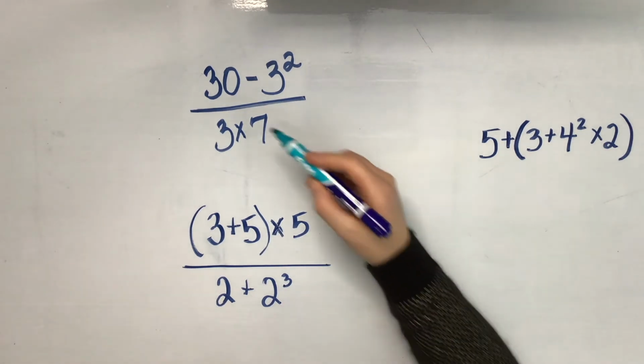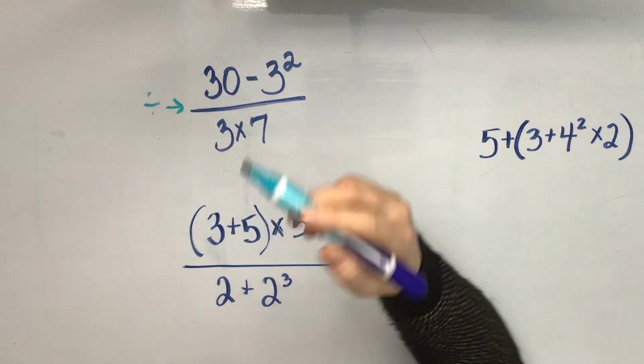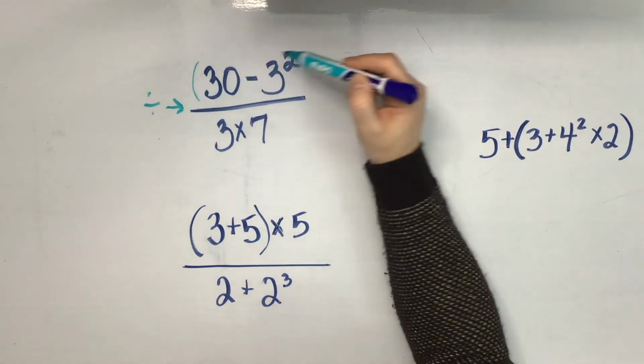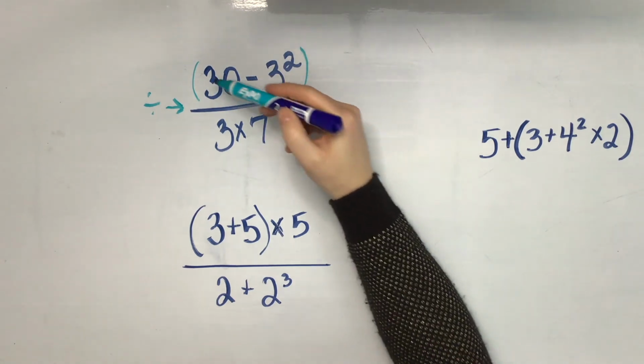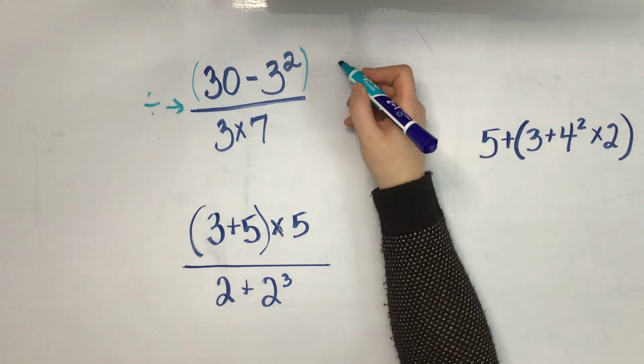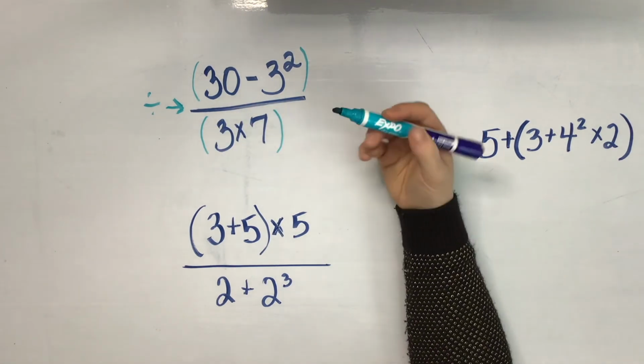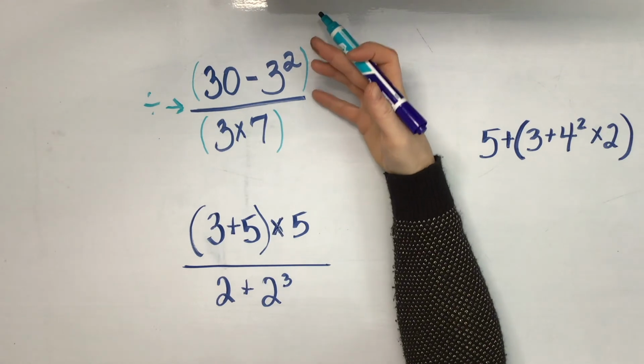Okay, let's just remind ourselves that this line here means to divide, and there are implied brackets up here, meaning I have to finish the entire top expression down to one single number, as well as the entire bottom expression down to a single number before I do the final top divided by bottom.